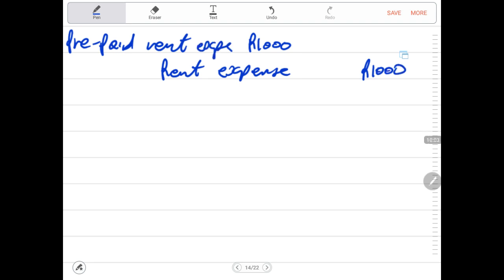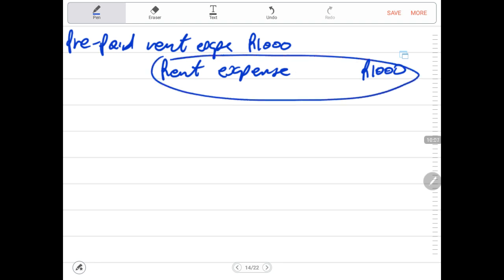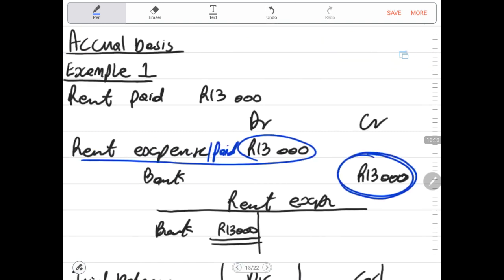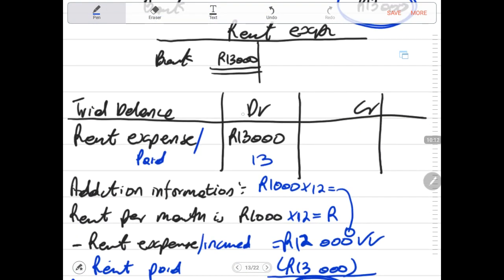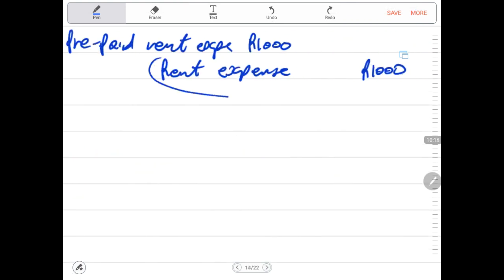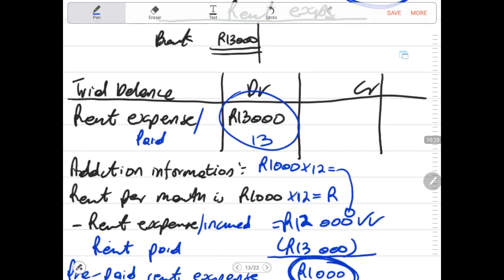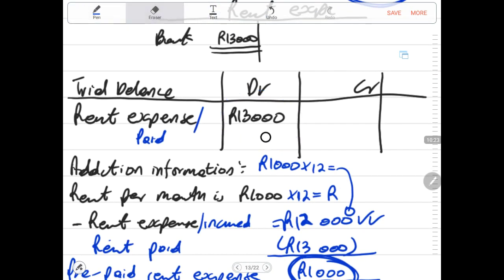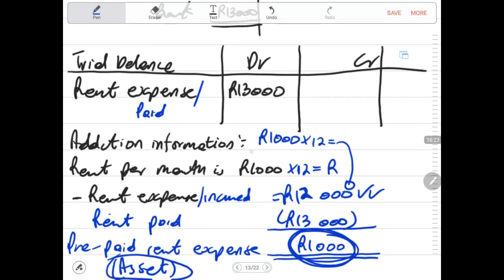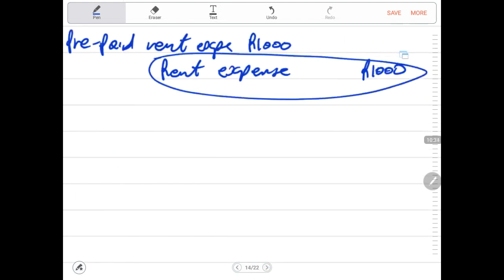In other words, we are saying the rent, which is an expense, must be decreased by 1,000. Remember, expenses increase on the debit side. In other words, if we are saying rent expense must be credited, we are instructing that the 13,000 must be decreased by 1,000 so that it becomes the 12,000 that was supposed to be recorded in the income statement. So now this will be very, very important.